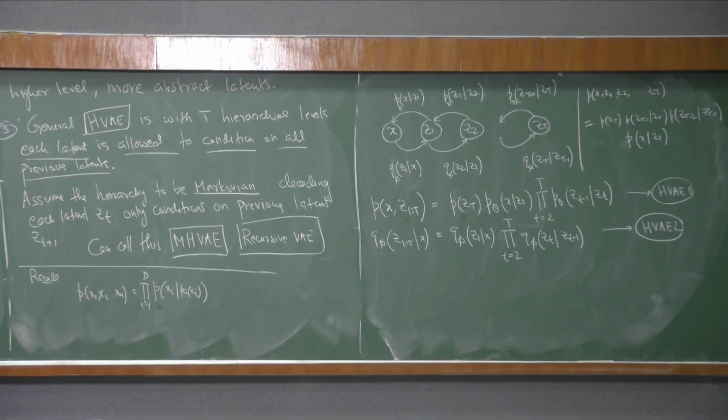So we have made it into a Markovian one. It just depends on the immediate previous one, and then we have written expressions for the joint distributions, and for the forward process as well as the backward process. And as you can see, it's very similar to what we have done in the VAE. It's a form of kind of stacked VAE.